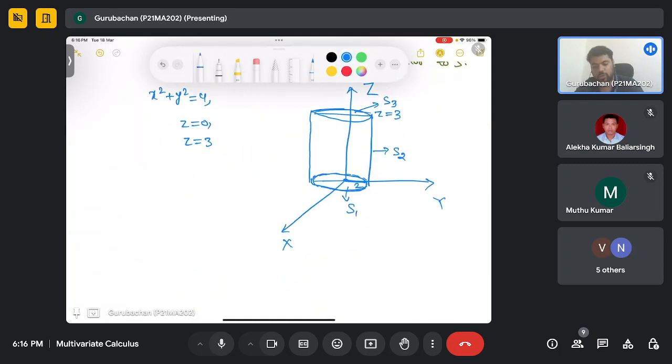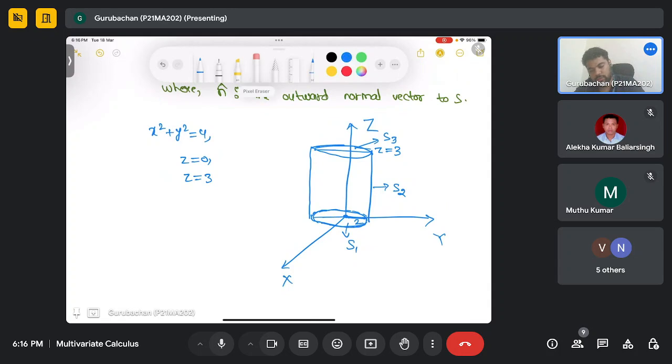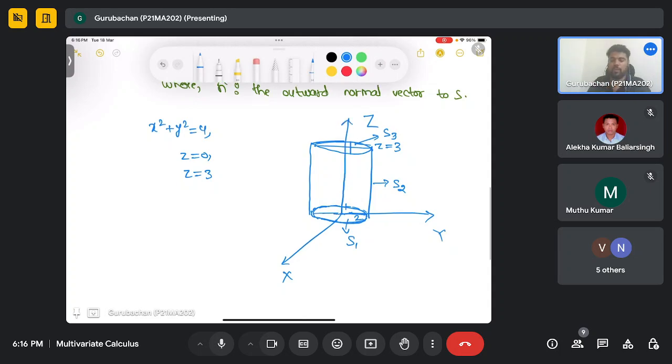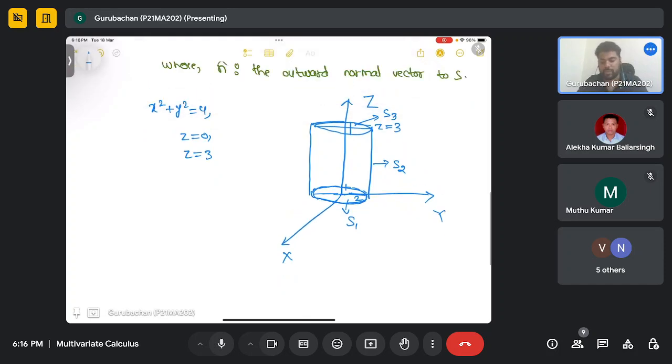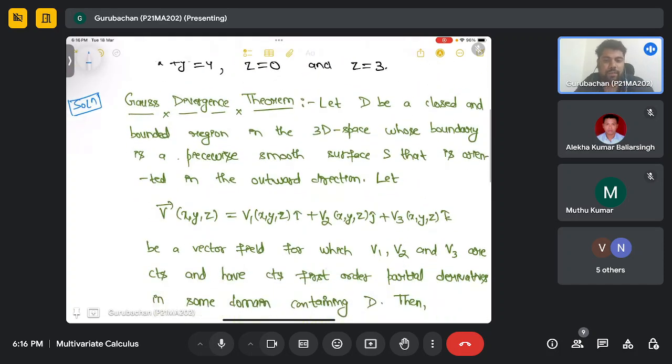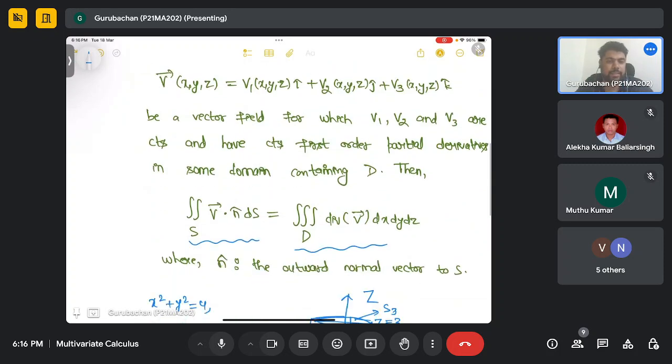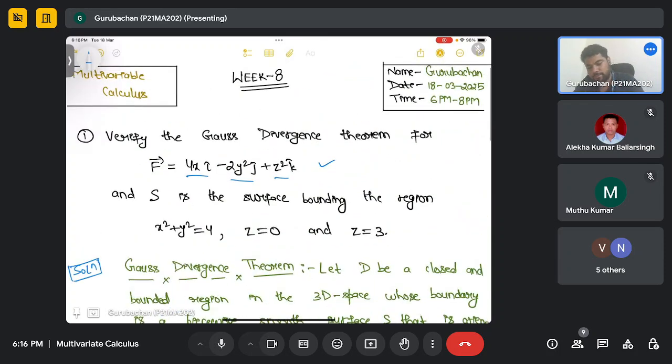So we have drawn our surface. Okay. So we have to calculate the LHS and RHS, and we have to prove that both LHS and RHS of this equation number star are equal. So our given vector field is this.